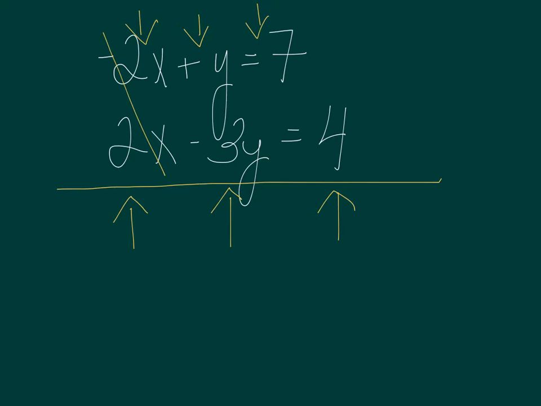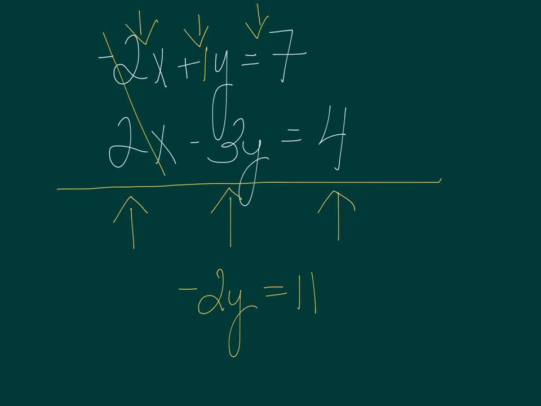When we go over to the y's, a positive 1y and a negative 3y is going to give me a negative 2y. And over here, the 7 and the 4 give me an 11, showing you that when I tried to do this in my head so that it would come out nicely, I missed the mark a little bit.